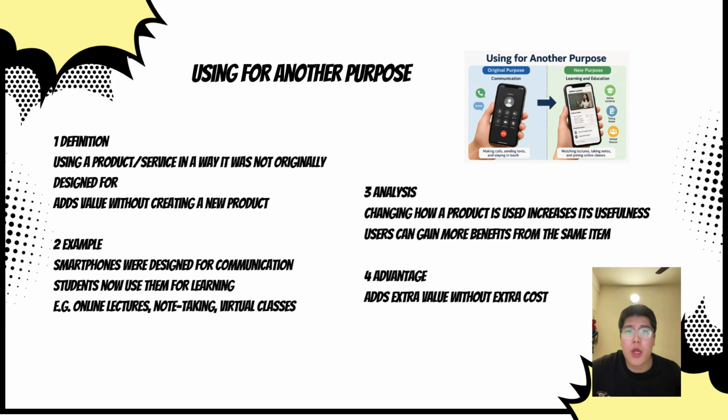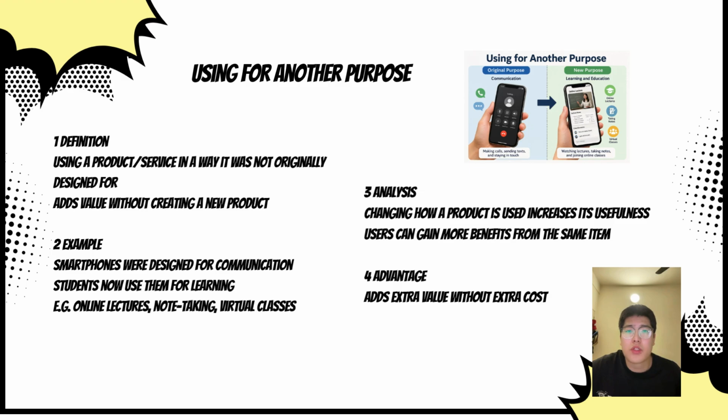They can also join online classes and discuss with teachers or classmates. Besides that, some students even use their phones to read ebooks or search for information quickly. This makes learning more flexible and convenient.